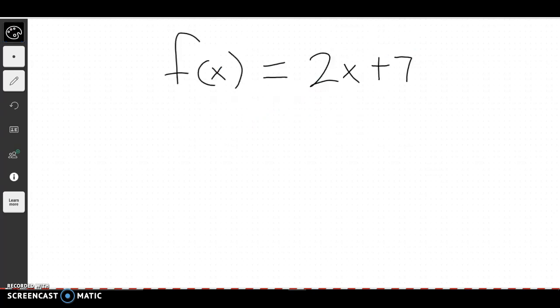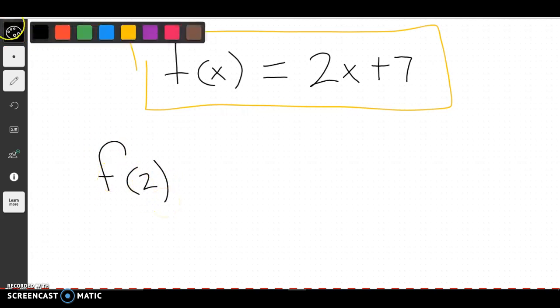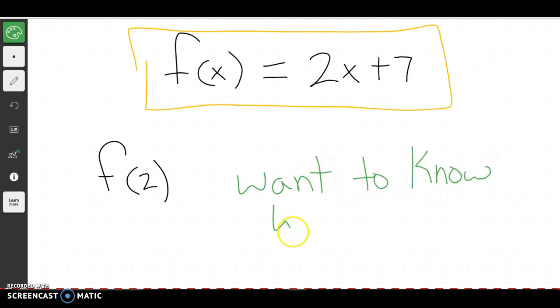Let's now look at some function examples. So we're going to have the function f of x equals 2x plus 7. We're going to look at this function and work with it. A problem that you might get might be f of 2. When we say that, we're asking this question: what would I get if I input 2?